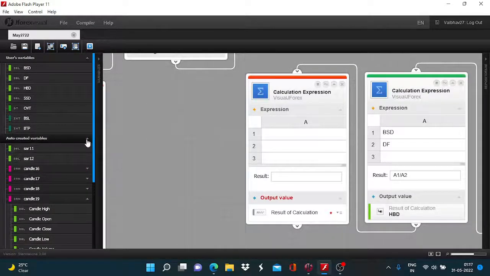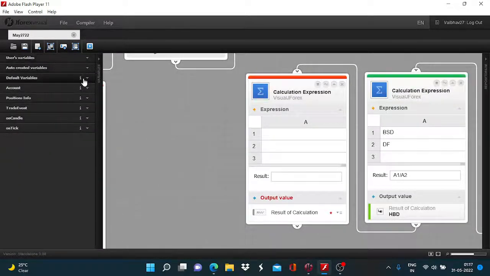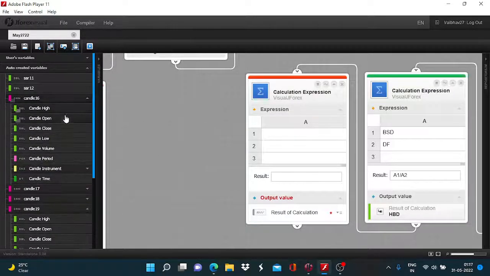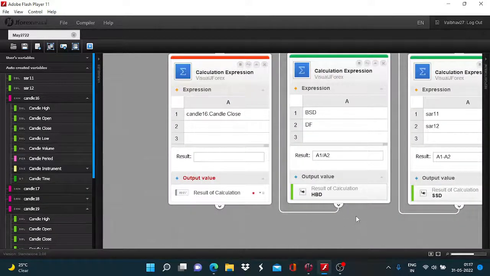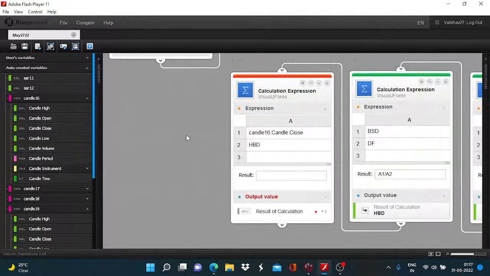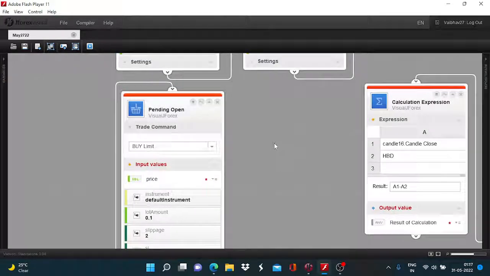So I will take candle 16, candle close, and deduct this newly created variable. So this will be a1 minus a2, and this will be our buy execution price.